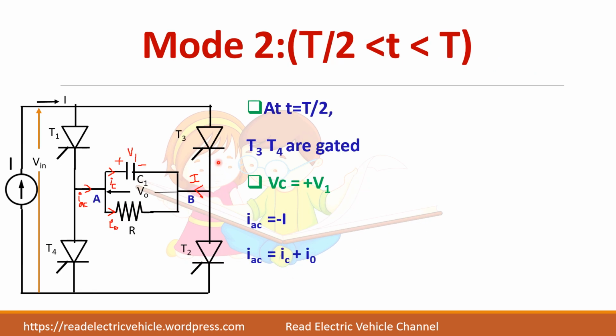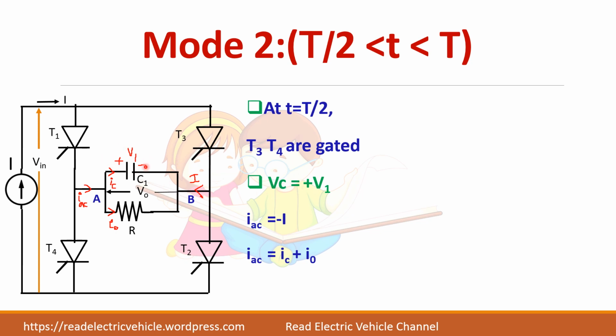Next we will see mode 2, which starts at t equal to T by 2. T3 and T4 are given gate pulse. Initially T1 and T2 were conducting, now you are giving gate pulse for T3 and T4. So this current changes, and the current starts to flow in this direction.